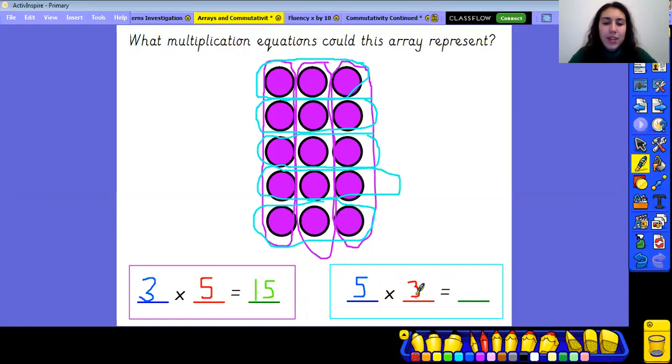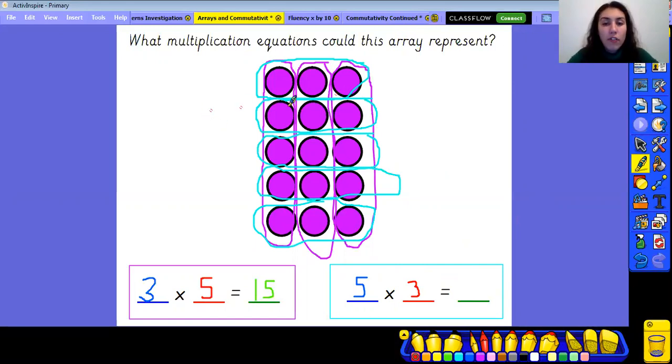Now I don't know how to count in my 3s yet, or you might actually remember from the fluency, but I know that lots of us are still learning and it does take a long time to learn a new times table. So if you are confident counting in 3s, super, you can count your 5 groups and go 3, 6, 9, 12, 15.